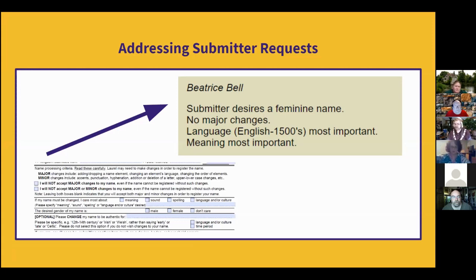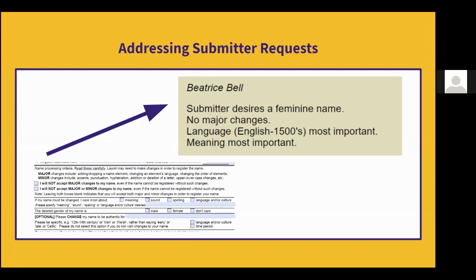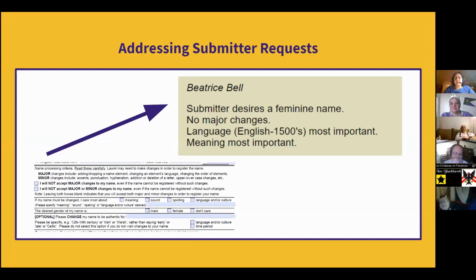You don't have to comment on every name. You can pick and choose to comment on a couple of names in a Kingdom letter. You can pick and choose to comment on just, say, English names or Spanish names, whatever it is that you feel comfortable commenting on.